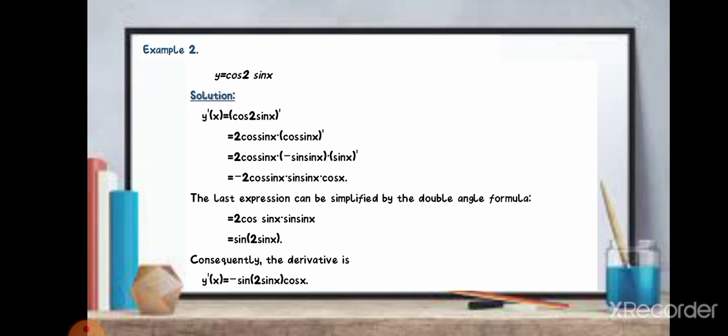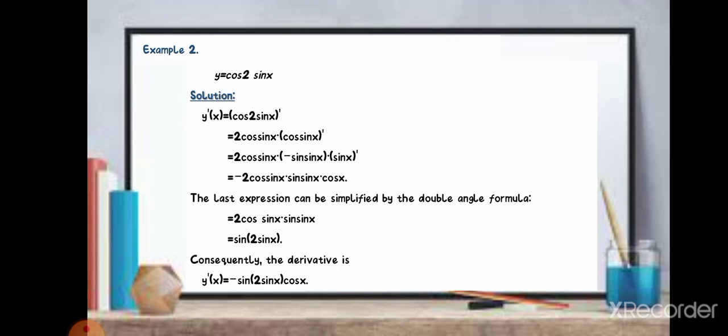So from our function, we derive negative sine of sine x times the derivative of sine x, which is negative 2 cosine of sine x times sine x times cosine x.